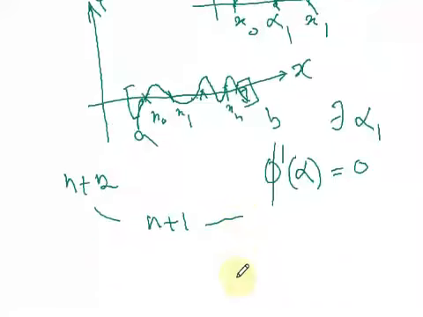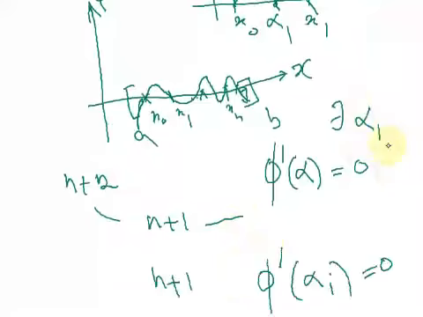That means you can find at least n plus 1 alpha i's such that the derivative of phi at those alpha i's is equal to 0.